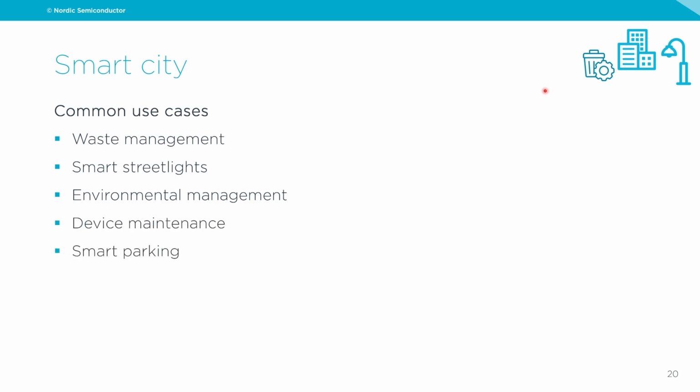Device maintenance, smart parking, and some of the benefits of Cellular IoT: leveraging existing infrastructure. I mean, we're talking about smart city urban environments. There will be plenty of cellular infrastructure to be leveraged so that you don't need to deploy your own. And actually, when it comes to LPWANs, something that we heard from customers that decided to go with cellular is that sometimes you make your own LPWAN deployment, including the infrastructure, and it works for a certain period of time.